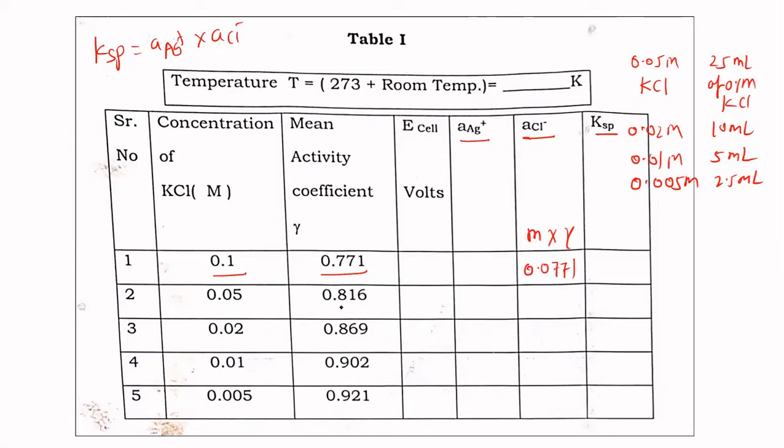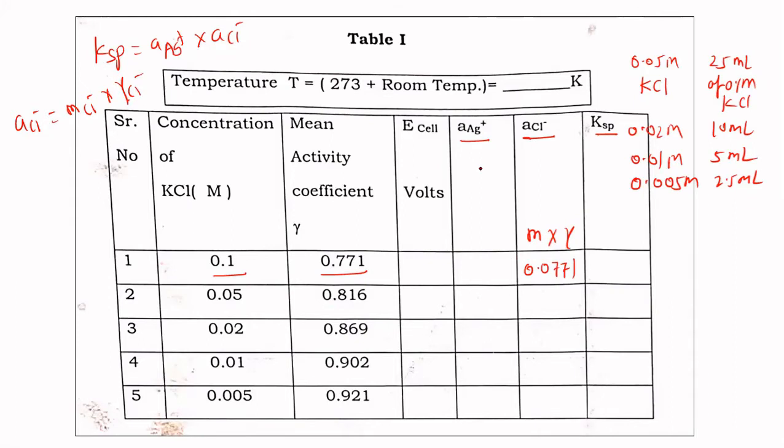Then for 0.05 multiplied by this, that value should be here. That is the activity of the Cl- ion. So activity of the Cl- ion is equal to molarity of the chloride ion multiplied by activity coefficient of the Cl- ion.